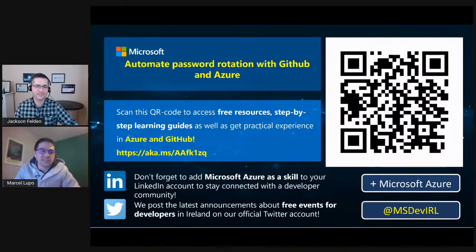GitHub Actions is a really good way to share automation amongst the community, because it's open source. Anyone can use it, anyone can contribute to it. It's really amazing. Looking forward to showing you.